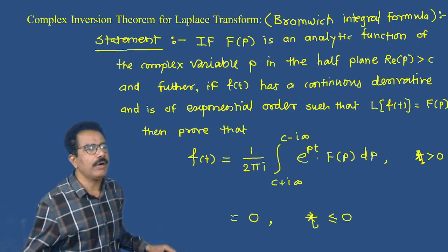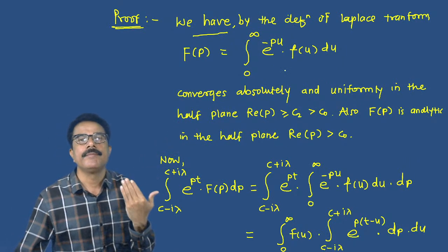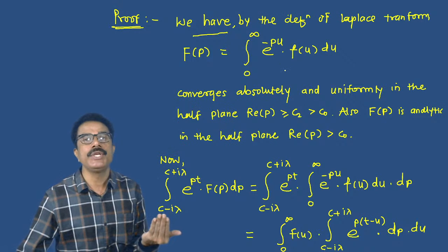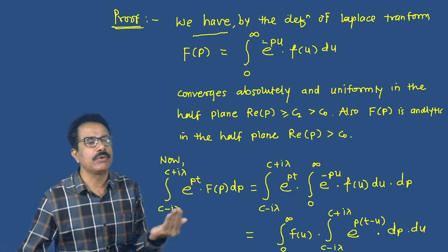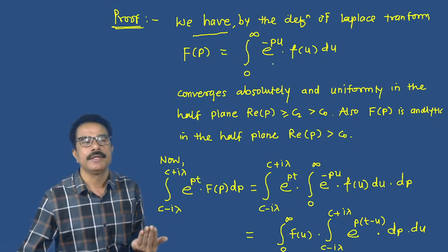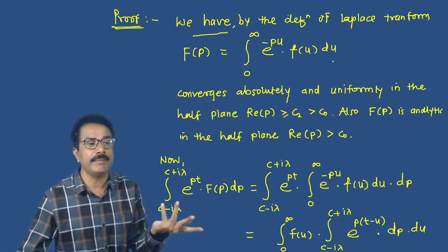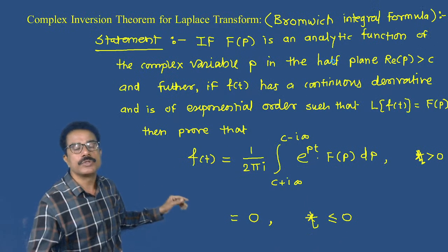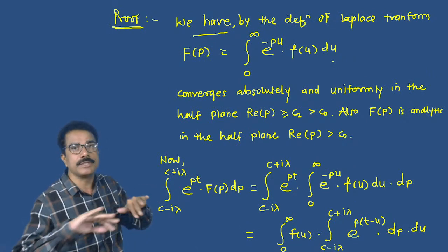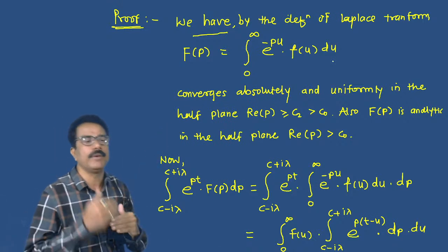So we have taken the definition of the Laplace transform in the form of u. We can write it in the form of t, but here we have already given the function in the form of t. So to separate and show the separate functions, we have considered the function in the form of u.